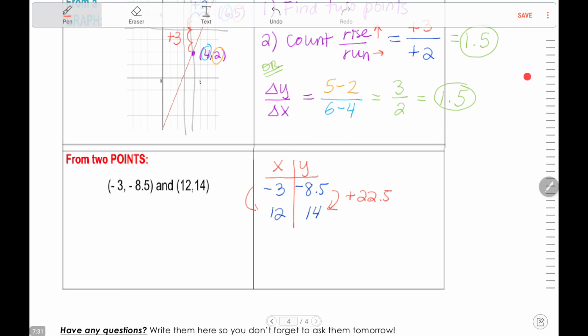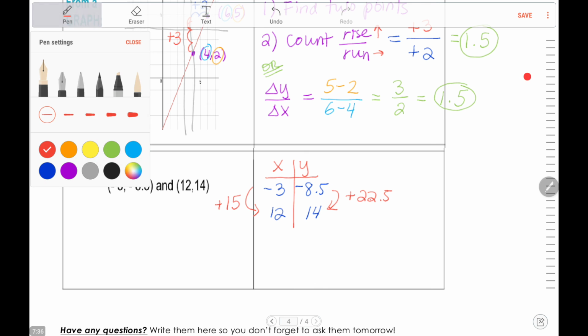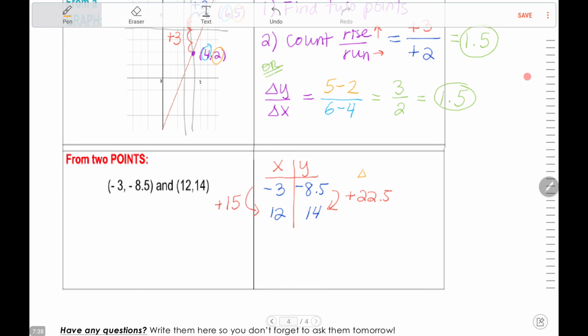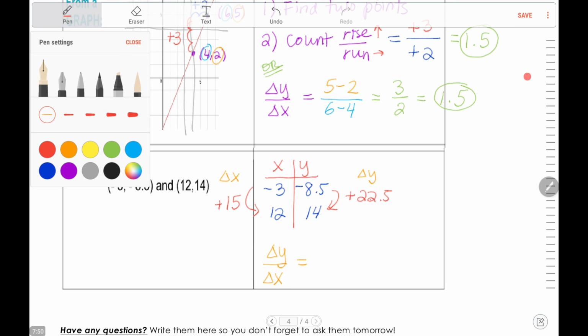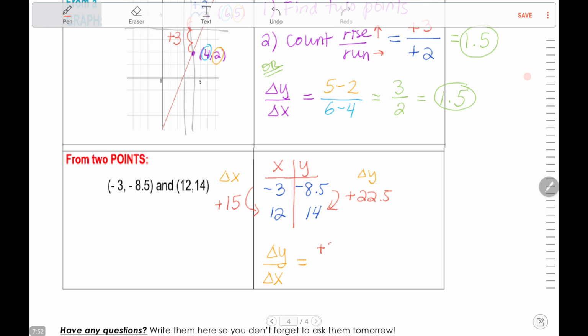The change in x is also going up by 15. So remember, this was the change in y, and this was the change in x. To calculate our slope, we're going to do the change in y over the change in x, which in this case is positive 22.5 over positive 15. When we divide that in our calculator, we get 1.5.